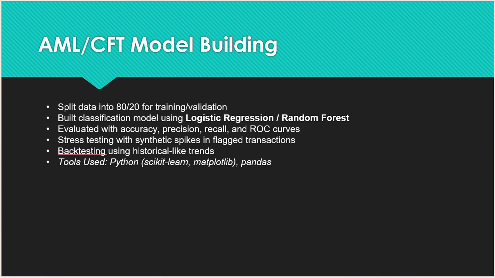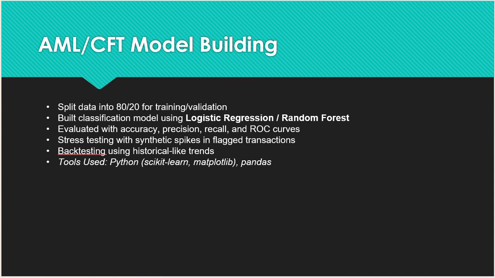That is the anti-money laundering and CFT model building, where we are actually creating the models, training them, and testing them. Here we split the data 80/20. With 80% of the data we train, and with 20% we test or validate the model's predictions and performance.